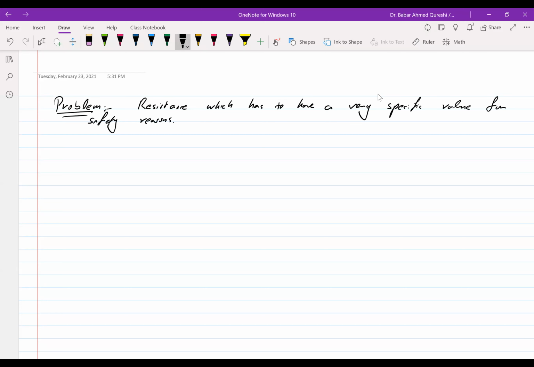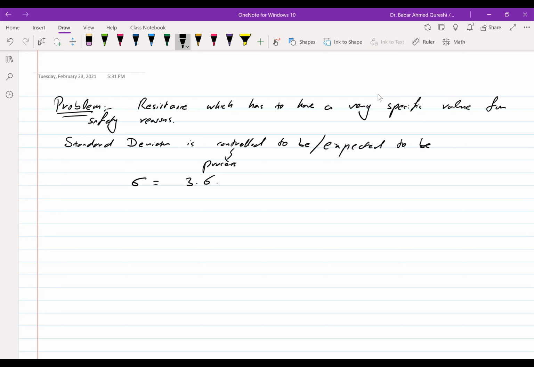So suppose the standard deviation is controlled to be, control means it is encoded in your process, expected to be equal to 3.6.